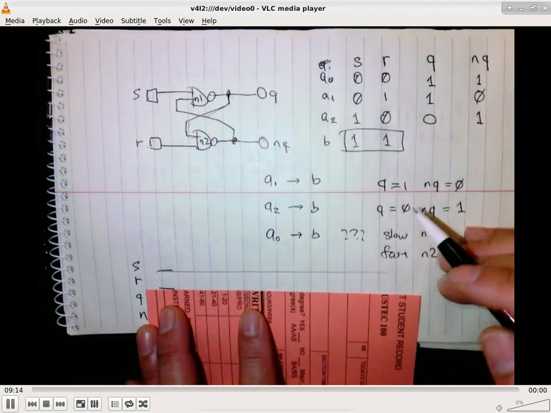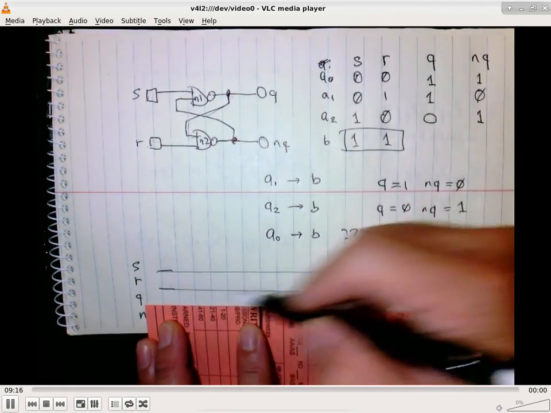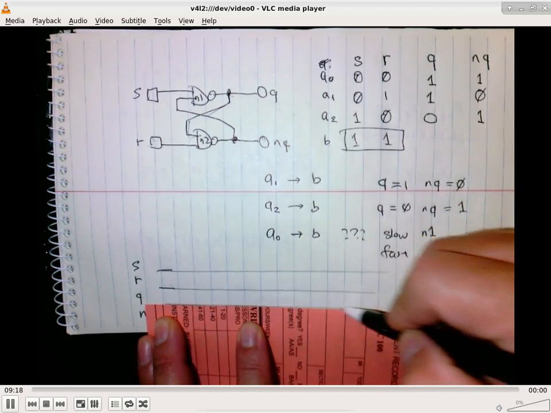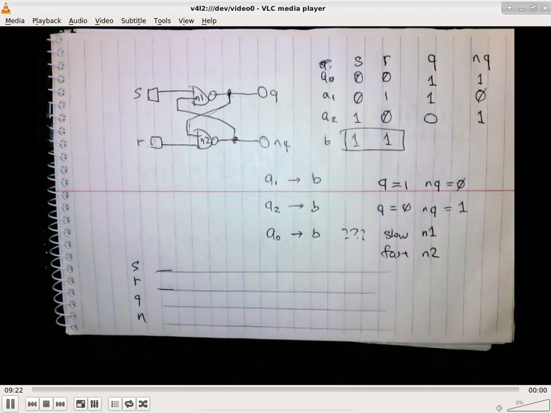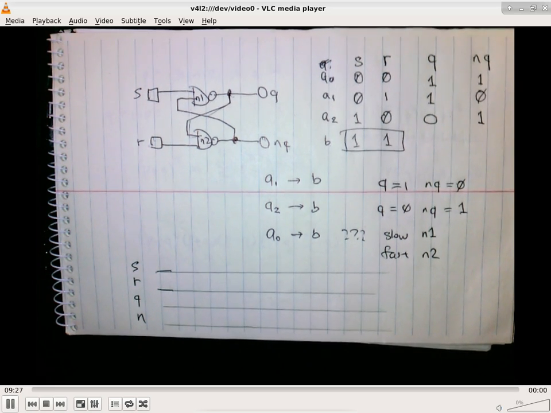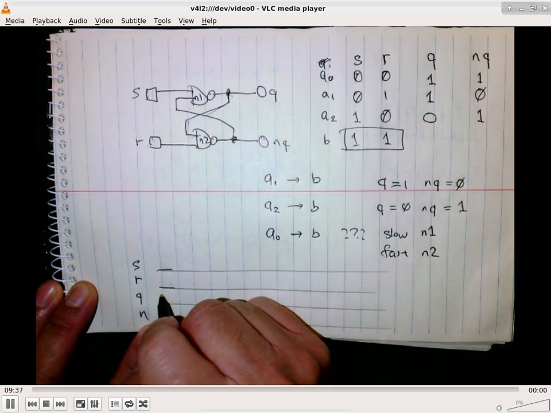This is 0, 0, 0, and 0. This is called a timing diagram. It's really kind of fun. All right. So let's say we change S and R both to 1s simultaneously. But before that, we know Q and NQ are 1s because of NAND gates.